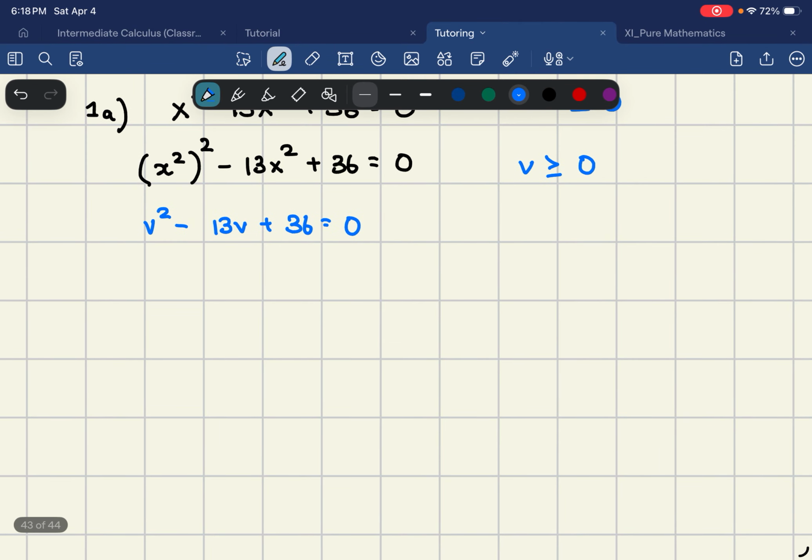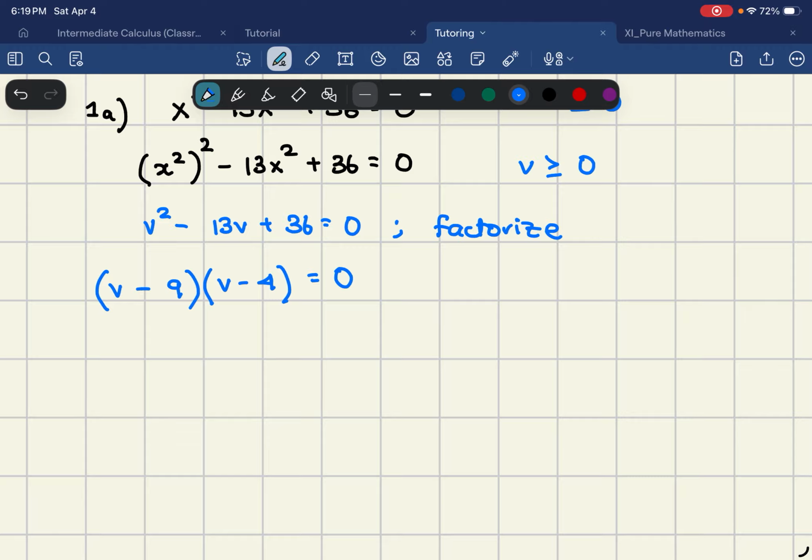So is this factorizable? Let me think. 36 is 12, 3. That does not work. 9, 4. Yeah, so you can actually factorize this. And the factors are going to be v minus 9, v minus 4. So if you expand it out, v times v is v squared minus 4v minus 9v, which is minus 13v, plus 36 is equal to 0.